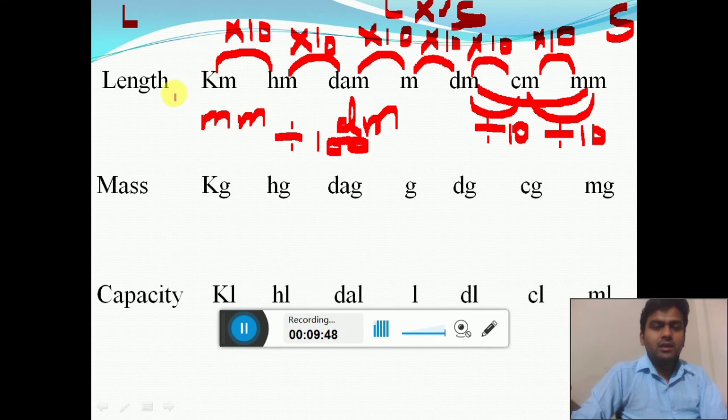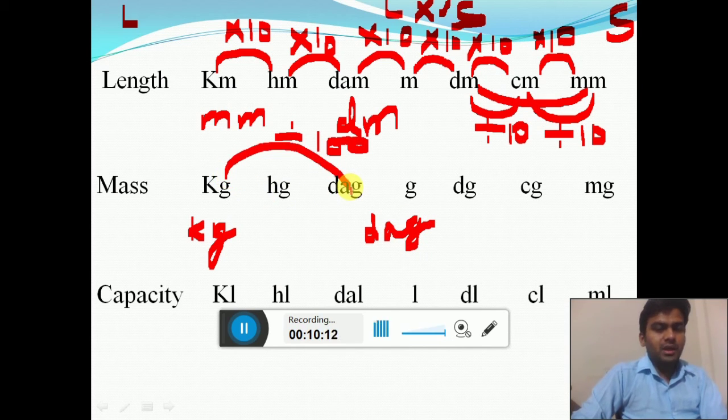Like this, if you want to convert a kilogram into a decagram, DAM. So kilogram to the decagram.